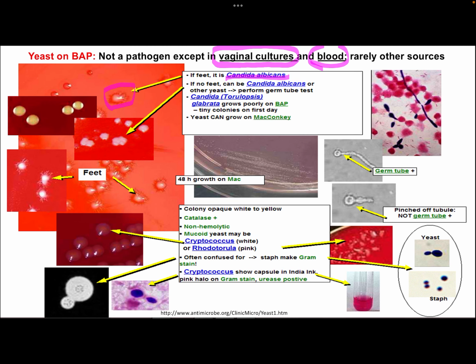Or maybe, aside from Candida, it might be Torulopsis glabrata, another fungus. The difference is that Torulopsis glabrata grows poorly on blood agar plate, and unlike Candida albicans, the colonies are very tiny on the first day.